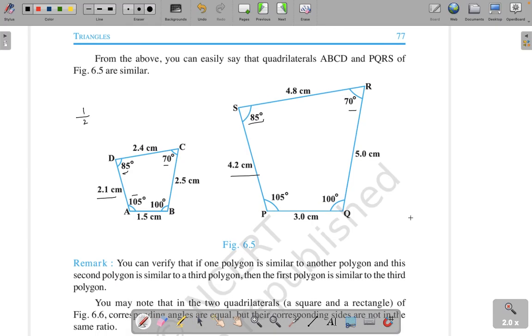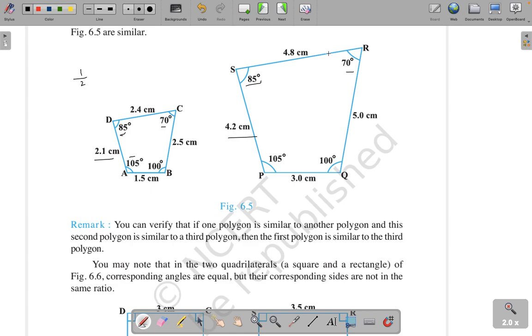Now see, this is a polygon, this is another polygon, and I am drawing one more polygon like this. Say this is similar to this, so we say ABCD is similar to PQRS.